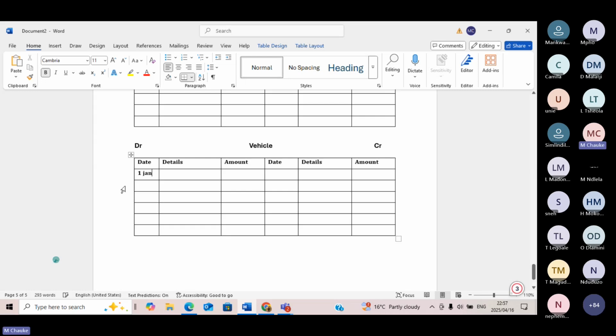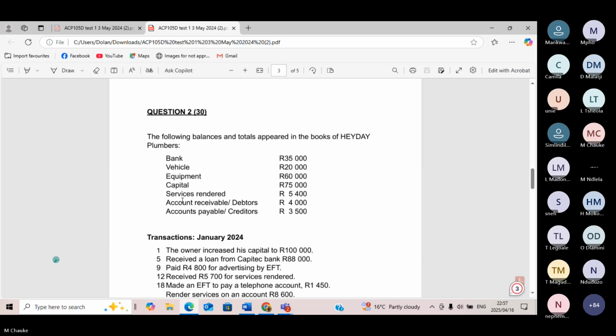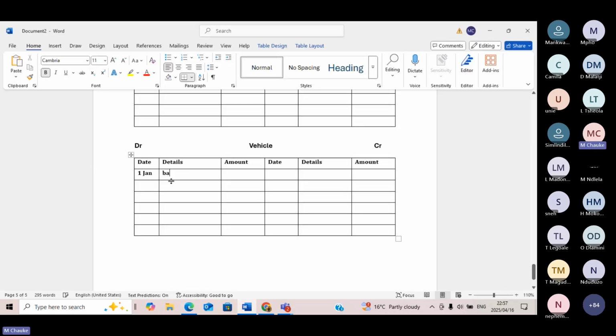Let me just go and check how much it is. The opening balance on vehicle is 20,000. It's an asset, a debit balance brought down of 20,000.